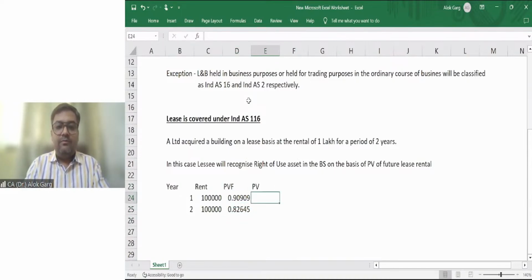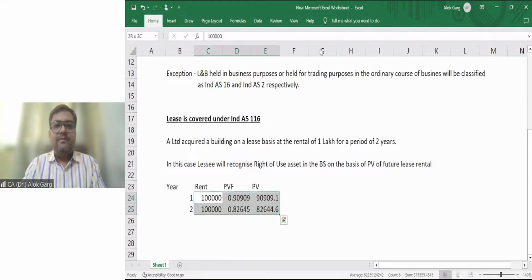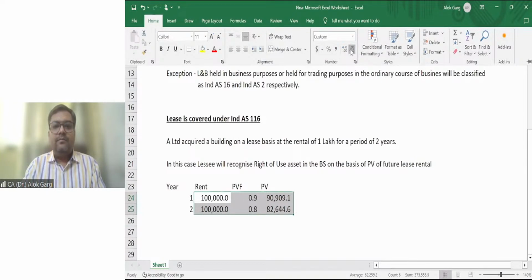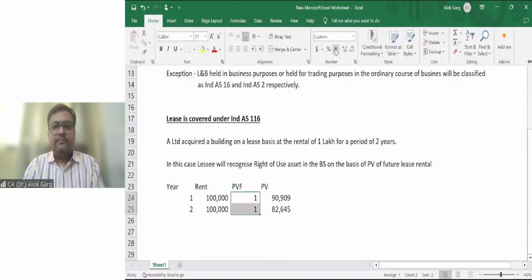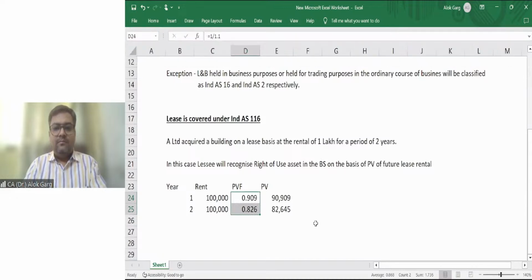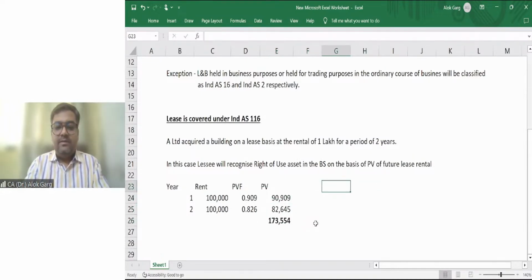Your present value, this is what it is. This is your total.